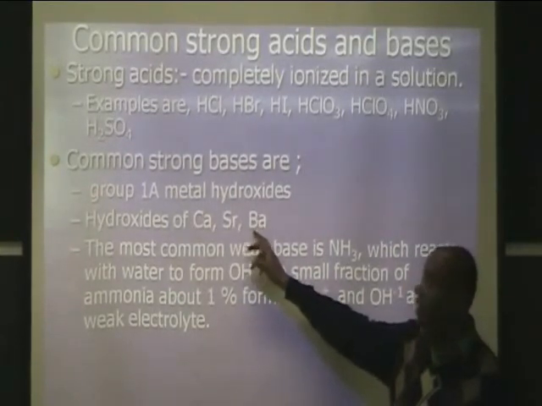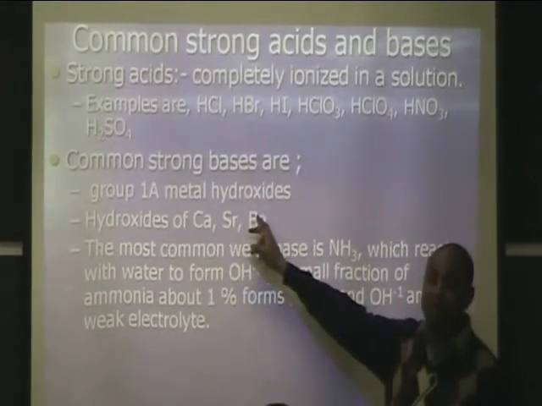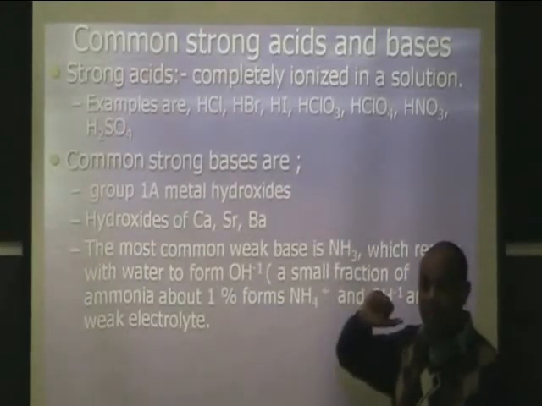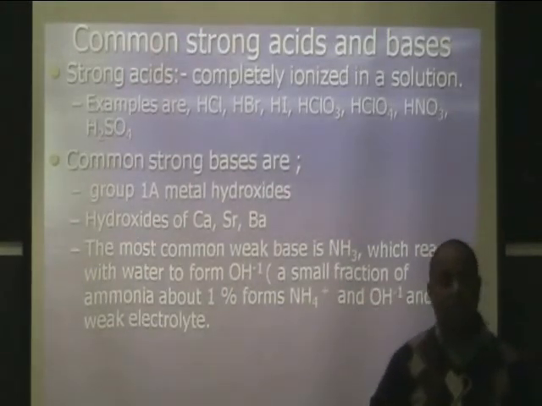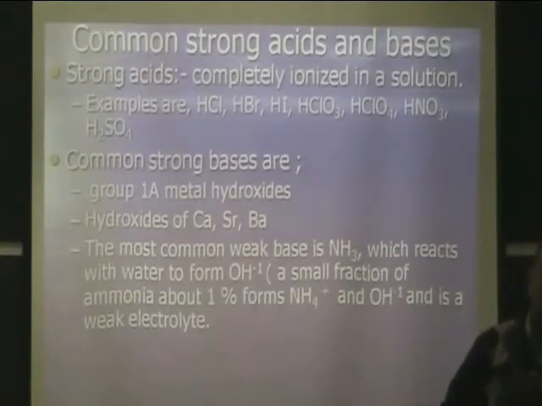Calcium hydroxide, strontium hydroxide, and barium hydroxide. You have to somehow remember this. Strong bases are by default also strong electrolytes.